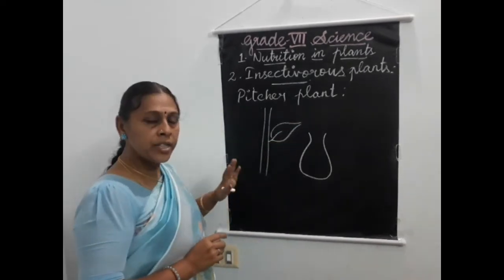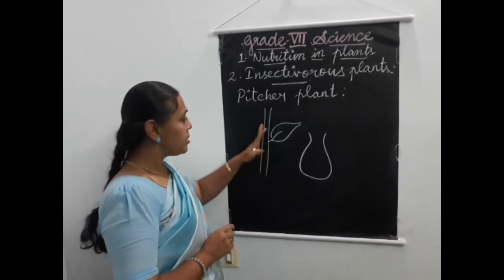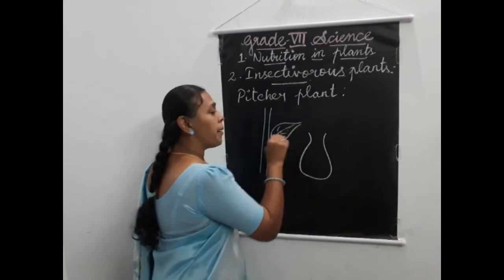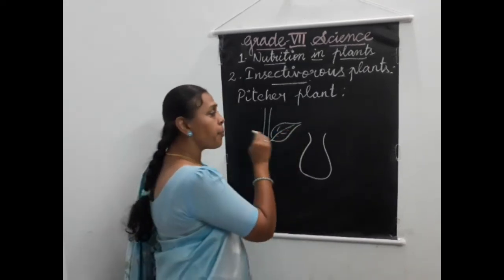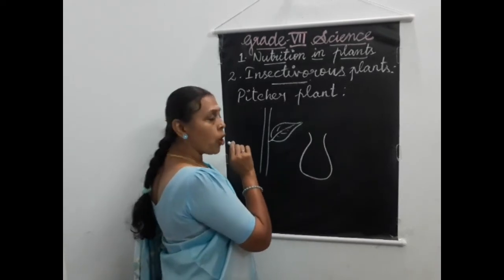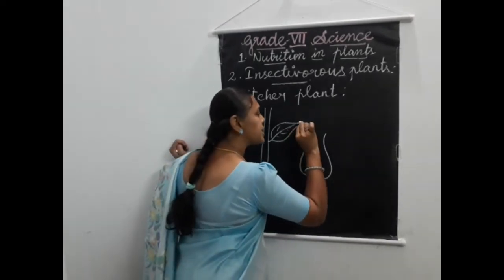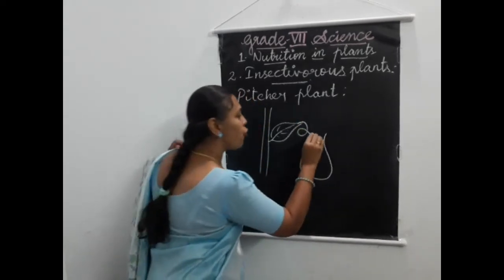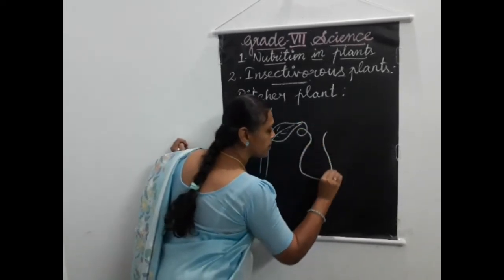Generally in all plants, from the stem the leaf arises. But the tip of the leaf, that is the apex, will not be normal. It will be extended like this to form the pitcher.